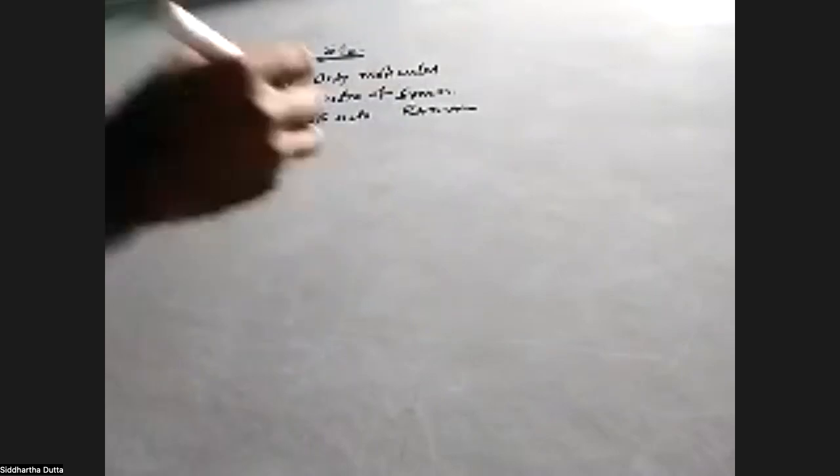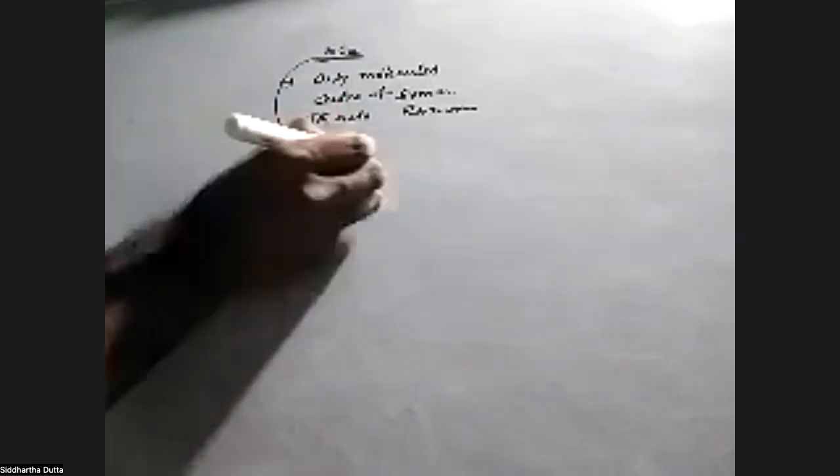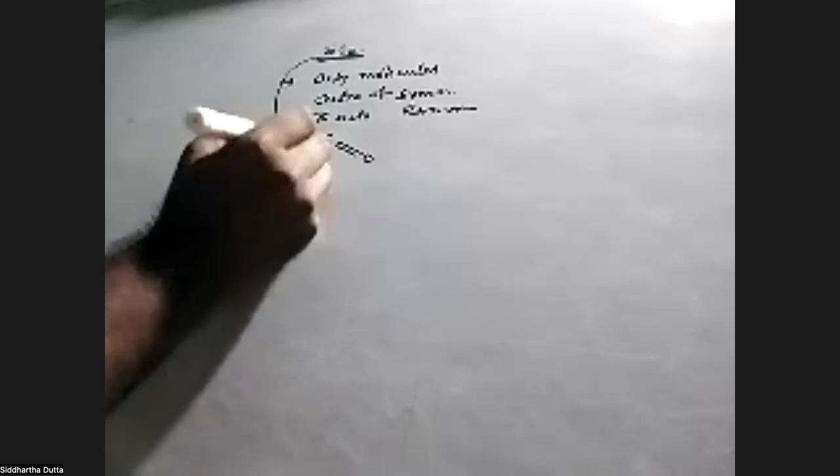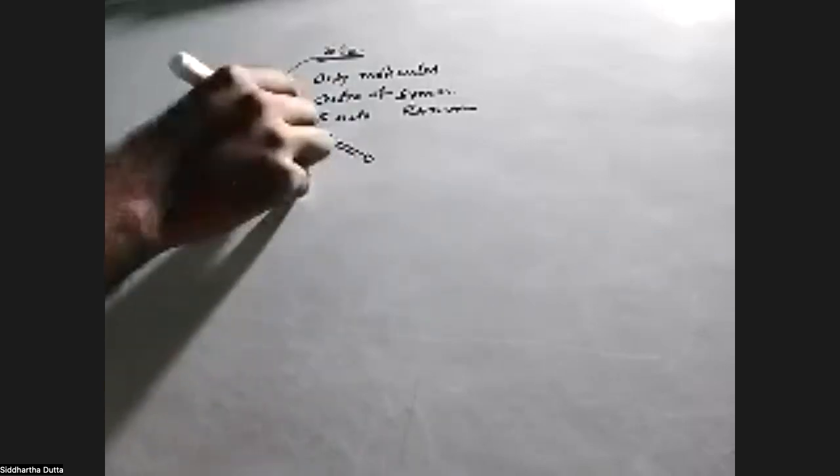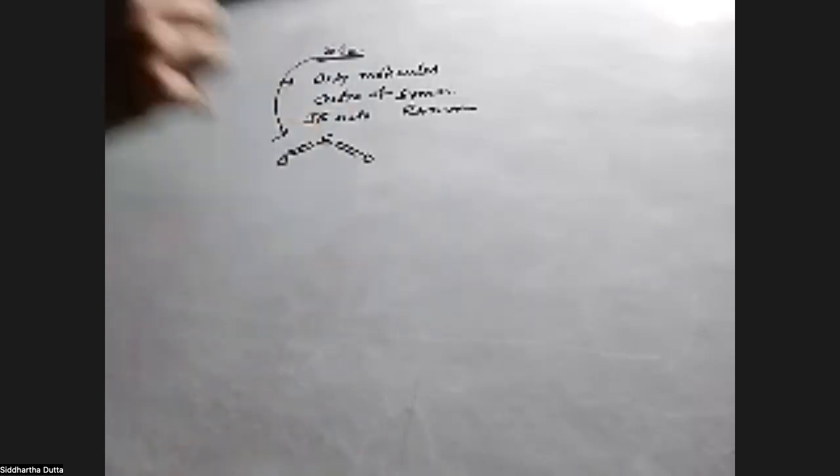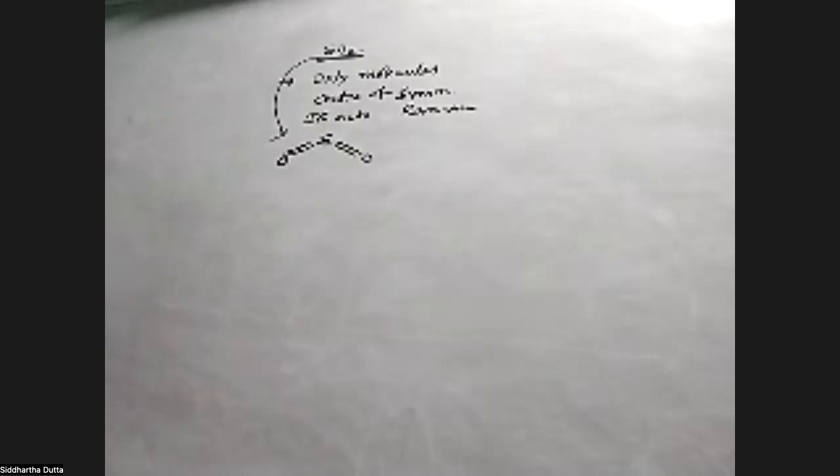But for the SO2 molecule, the molecule looks like this. So in this molecule, there is no center of symmetry, so it cannot follow the rule of mutual exclusion principle. Yes, sir, no center of symmetry is present.